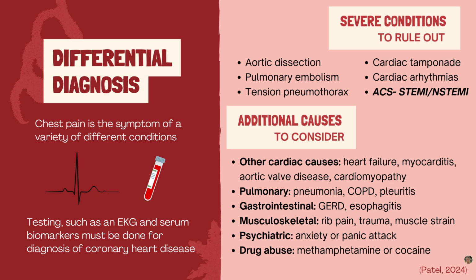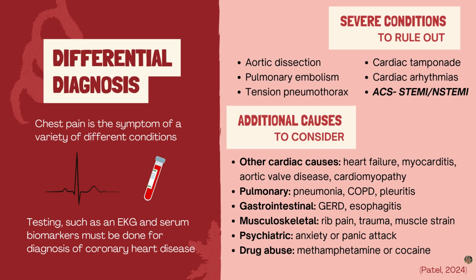To do this, we'll need to do an EKG, chest x-ray, and test their blood for the troponin, the serum biomarkers. Now, I've seen it in the emergency department: patients come in with chest pain, and it can be more simple causes. Some other ones to consider: they could have a heart failure exacerbation, myocarditis, aortic valve disease, cardiomyopathy.